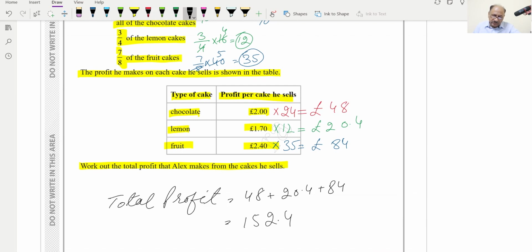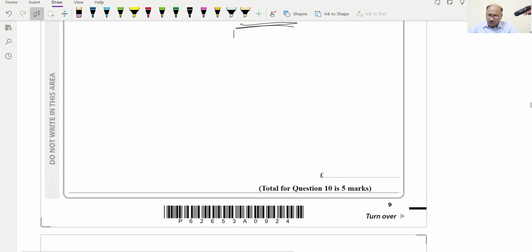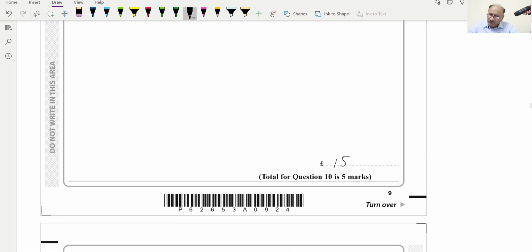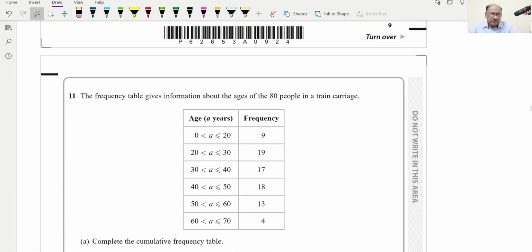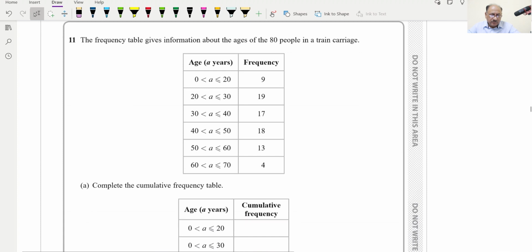They are not giving instruction for the answer format, so we'll provide 152.4 pounds. 152.4 pounds will be our final answer for this question. Now question number 11.